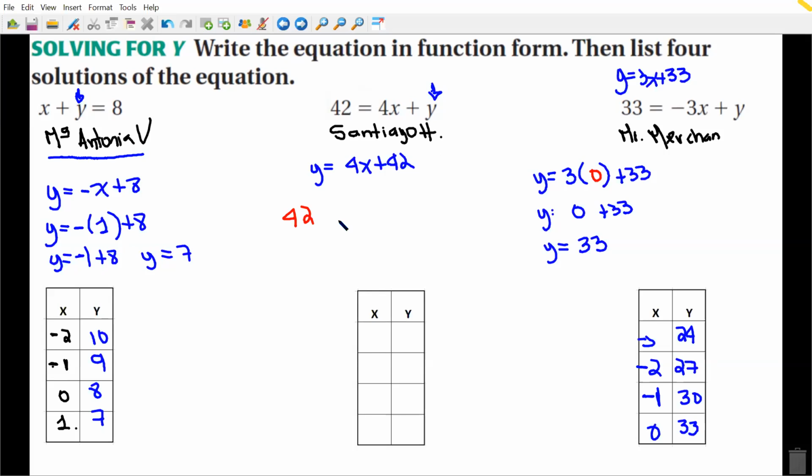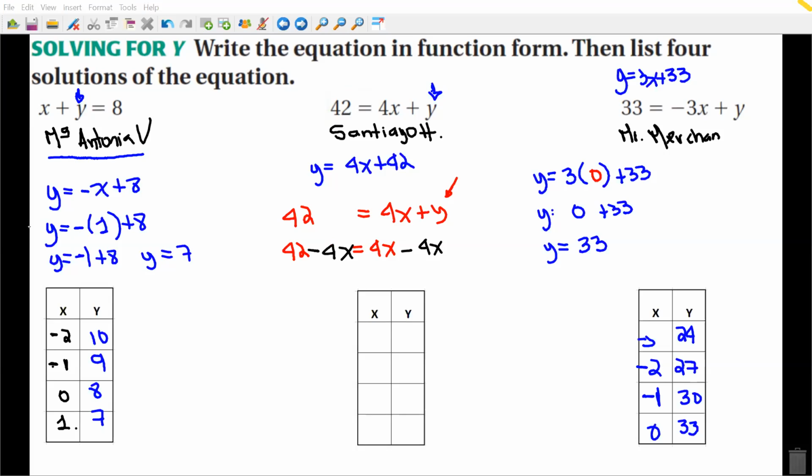Okay, so let me show you something. 42 is going to be equal to 4x plus y, right? You want to isolate this y. So what I recommend is to have the 42 over here equals 4x. You want to subtract 4x on this side. And if you subtract it on your right, you need to subtract it on your left.